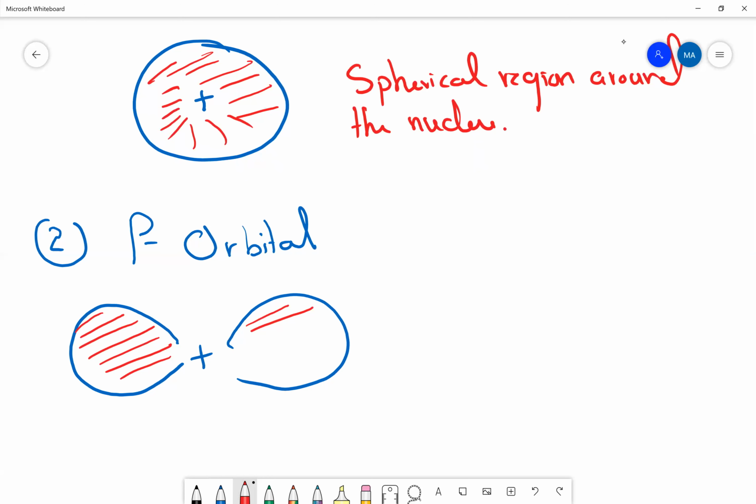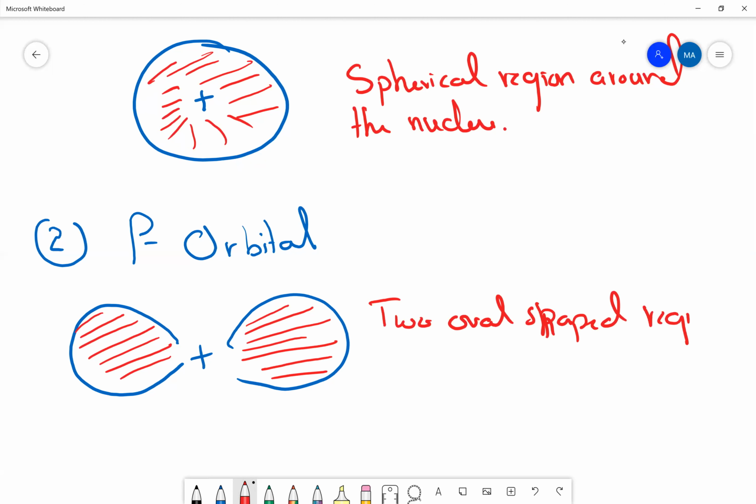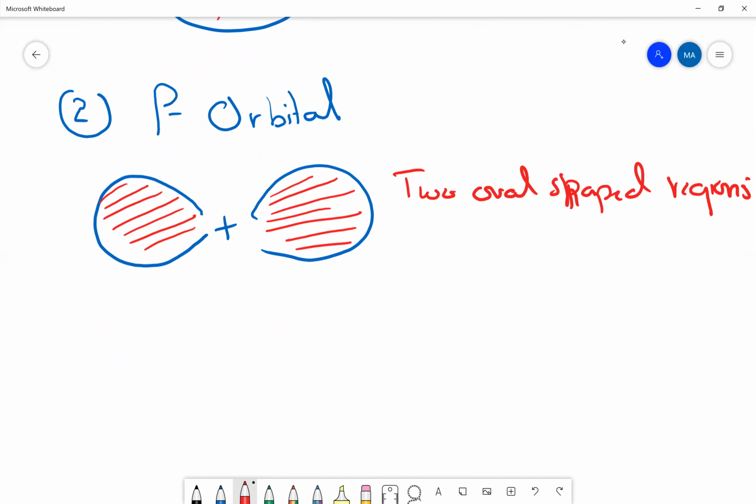So you can have the electron either in the left region or in the right region. Electrons can be moving in these two oval areas. You can find an electron in either oval shape.